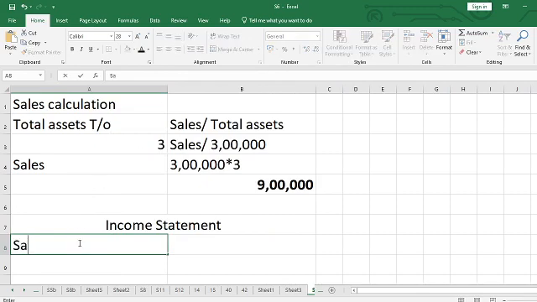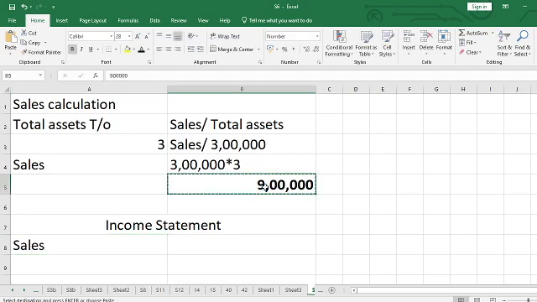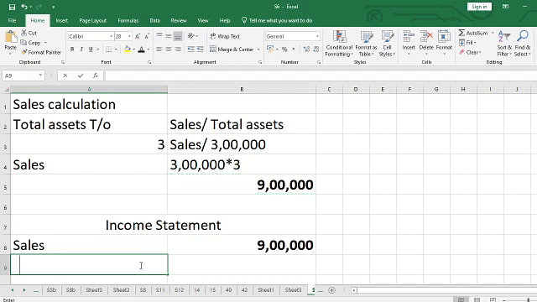Starting point is sales, which we already calculated. Next, less variable cost.